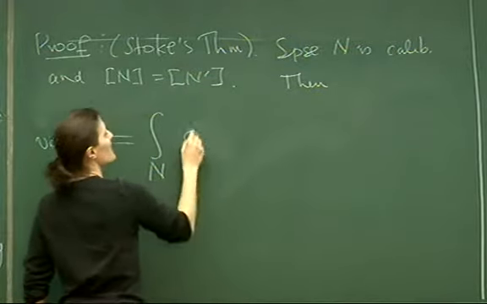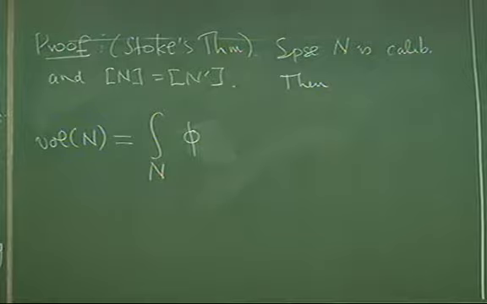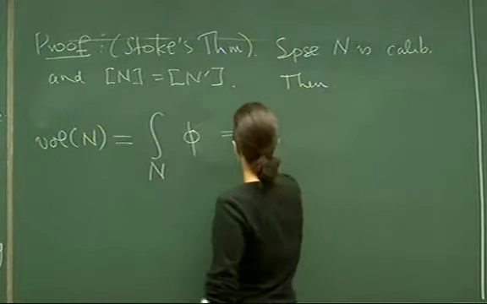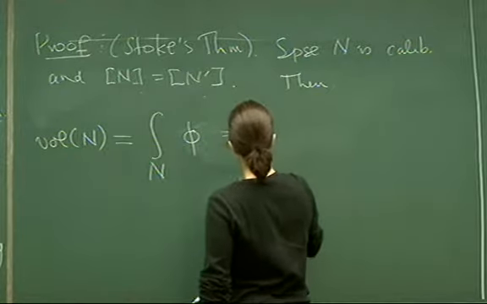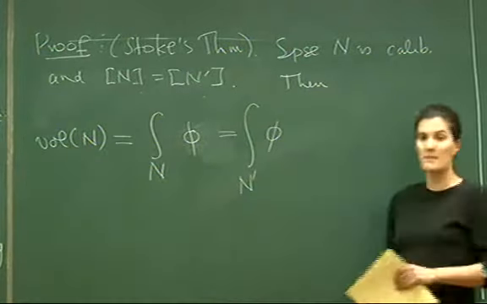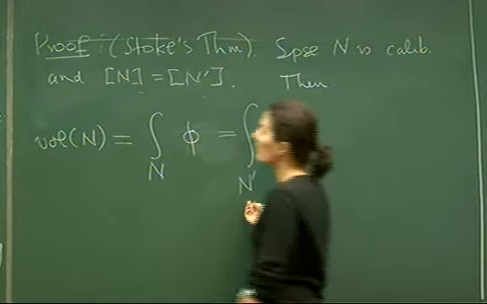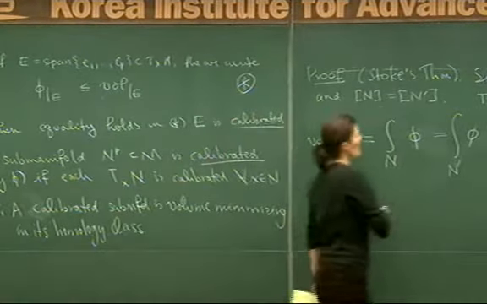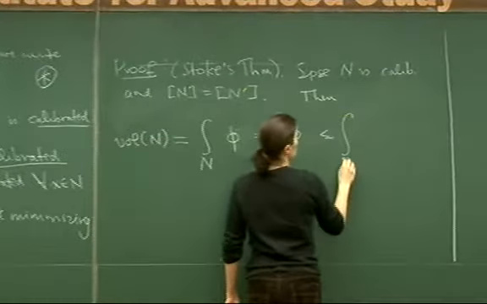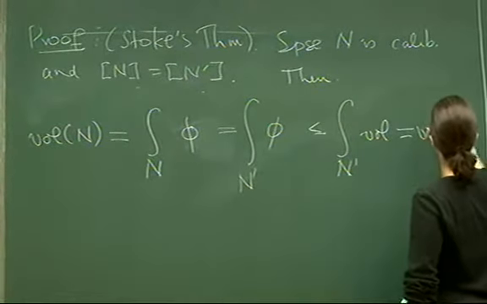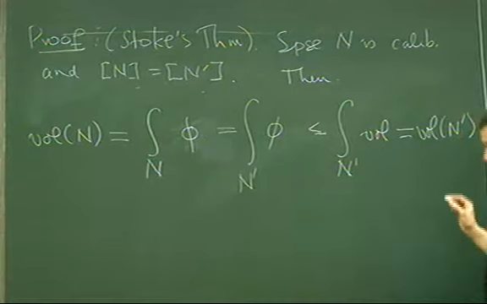So I can shove phi in here. Okay? And since phi is closed, and N and N prime are of the same homology class, Stokes' theorem says this is the same thing as the integral of phi over N prime. But for any p-plane, phi is less than or equal to the volume. So this is less than or equal to the volume over N prime, which is volume of N prime. Okay.